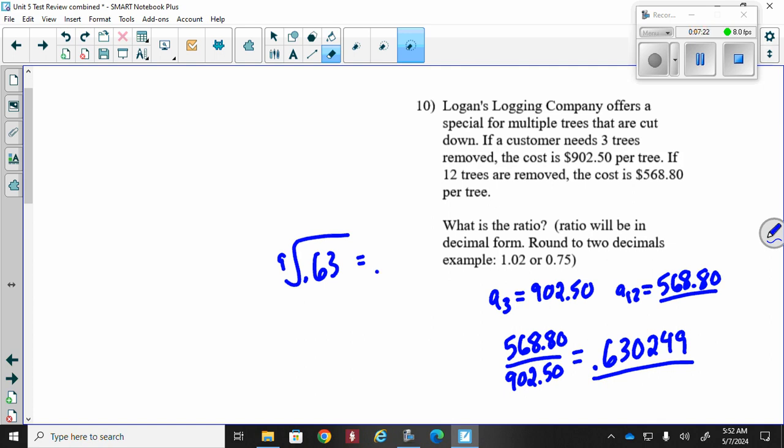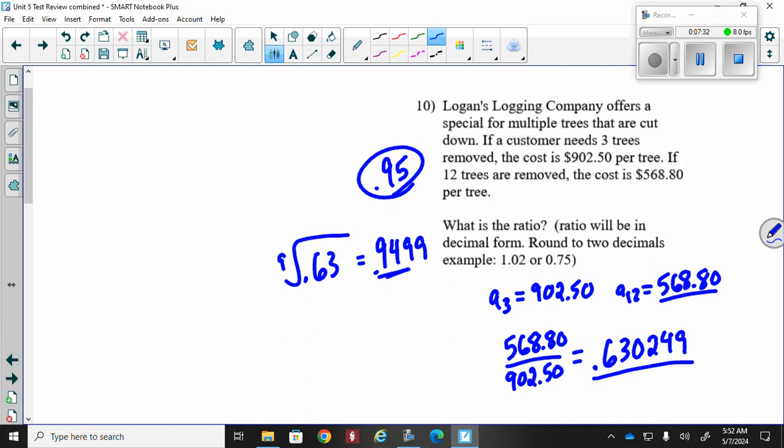You would get 0.9499, which obviously will round to 0.95, because that's what I'm going for. But if you use this whole amount, 0.630249, it's not going to be a night and day difference. However, it does give you a little more accurate answer.